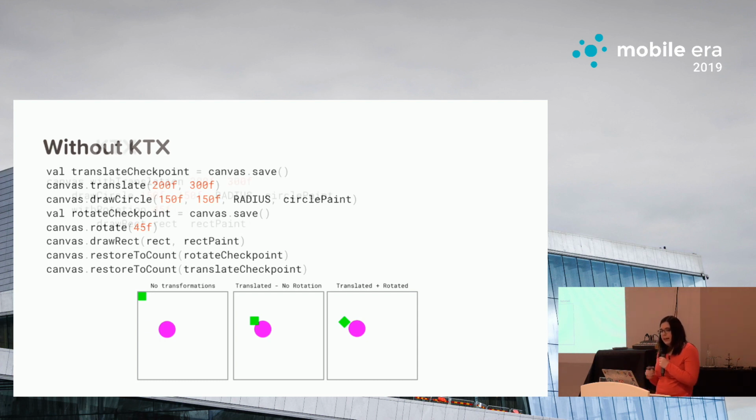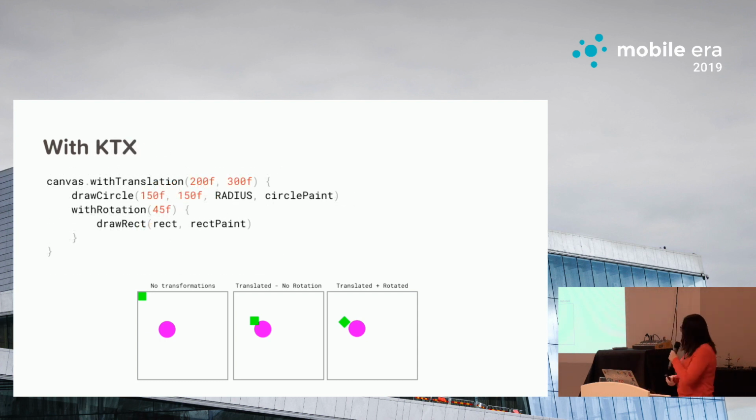Whereas if we look at the KTX implementation, we first translate, we draw the circle, we rotate, and we draw the rect. And now you can see exactly that the rect is going to be drawn at a translated and a rotated point. So in my opinion, this is a little bit easier to read, and if you have really complex canvas code, this can make it a lot cleaner to read and work with.